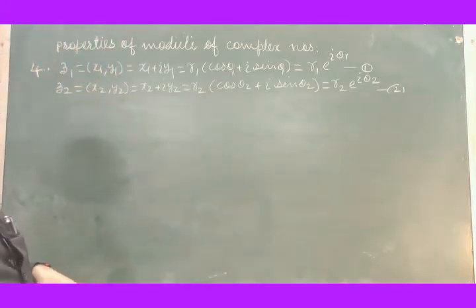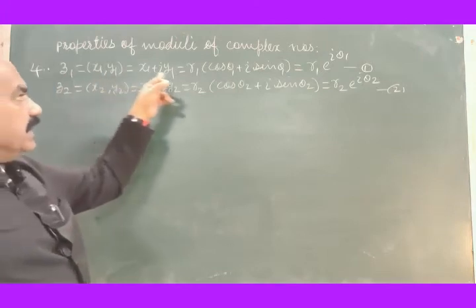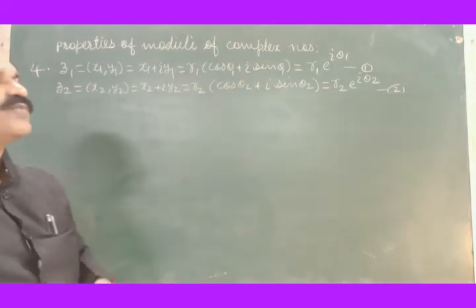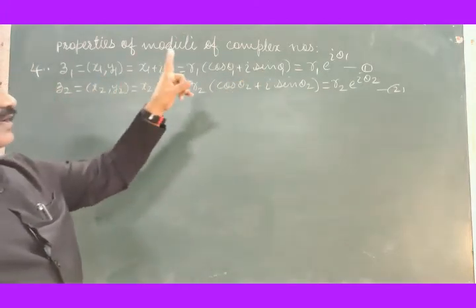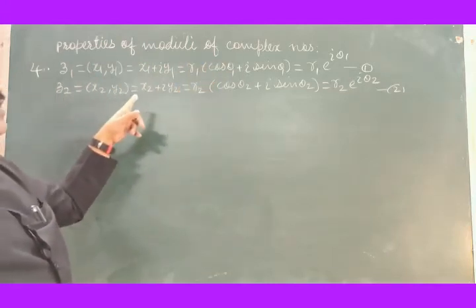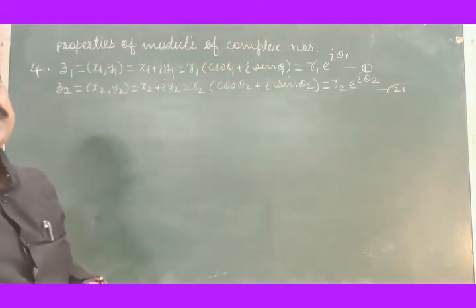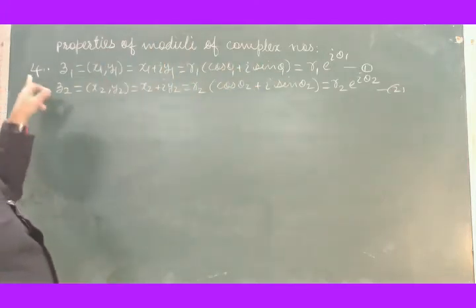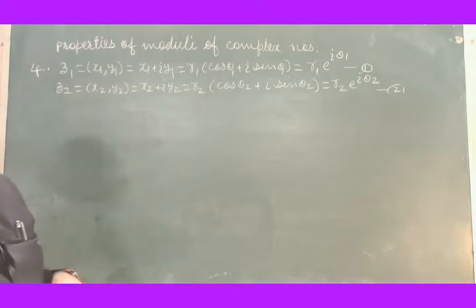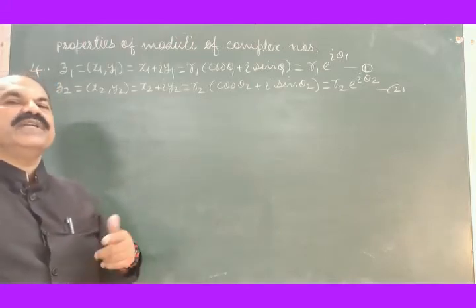This one. Now let us go for subtraction. Z1 represented in all forms, rectangular, polar, exponential. Z2 also represented in all forms, rectangular, polar, exponential. We want to verify the fourth property: modulus of difference of two complex numbers is always greater than or equal to the difference of their moduli.